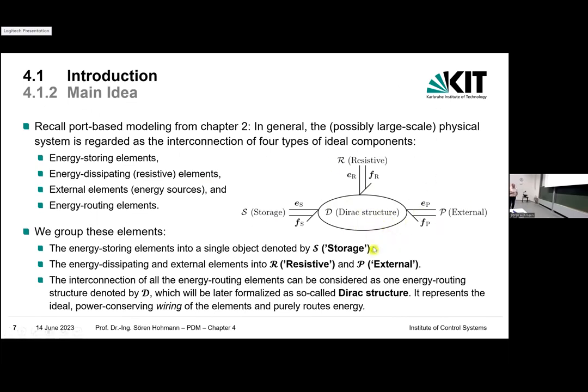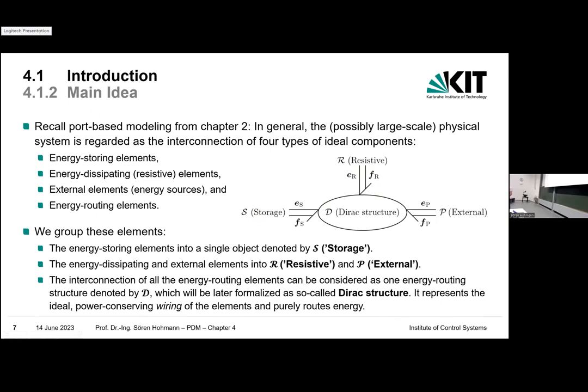In the middle we find this energy routing thing, which takes and combines all resistive elements, storage elements, and also sources that we call external variables. And I took the notation of the various vectors in the field.